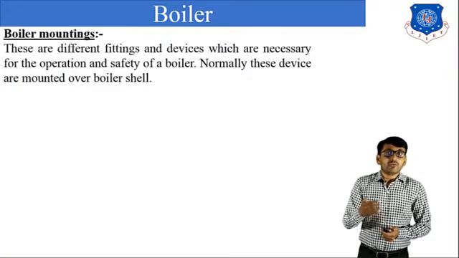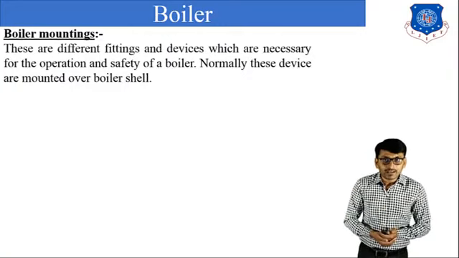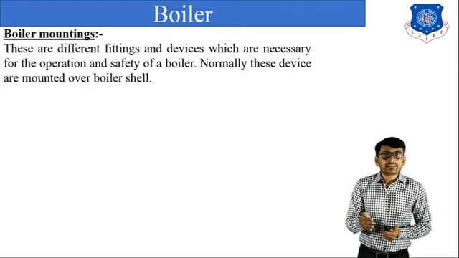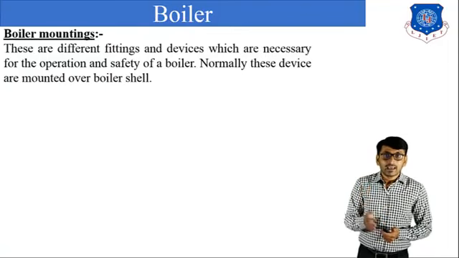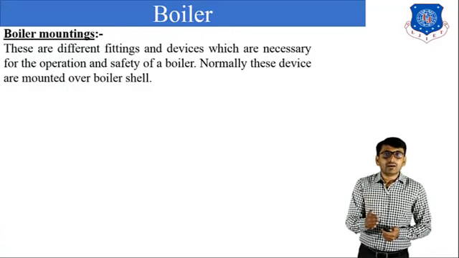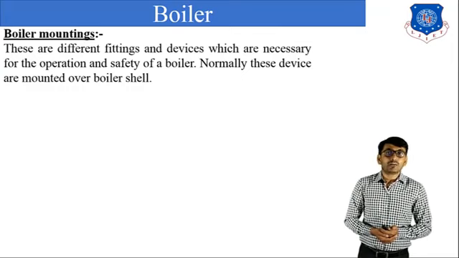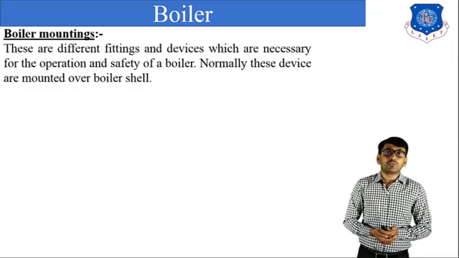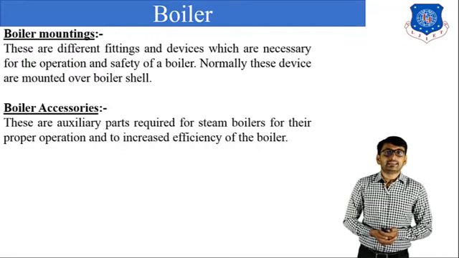Now we discuss what we mean by boiler mountings. Boiler mountings are the devices which are fitted to the boiler shell for the safety of the boiler, and according to IBR, Indian Boiler Regulation, it is compulsory to use boiler mountings before operation of the boiler. Then boiler accessories.